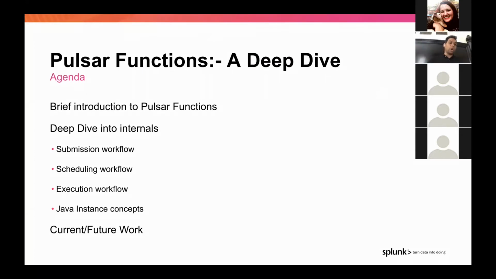So I'm going to go into a little more detail about the Java instance and how that nicely connects with Pulsar IO. Then we're going to be talking briefly about some of the pitfalls and the feature work that's happening at Splunk or in OSS on Pulsar Functions, the various enhancements that we are making. So without further ado, let's begin.